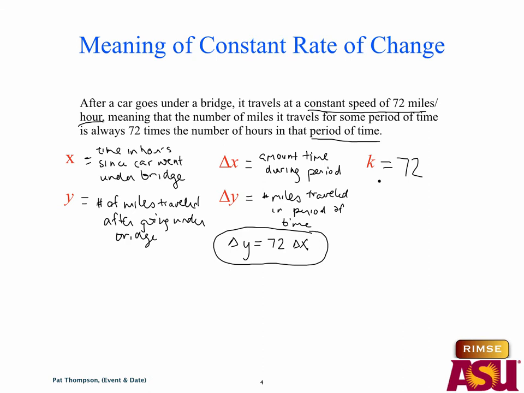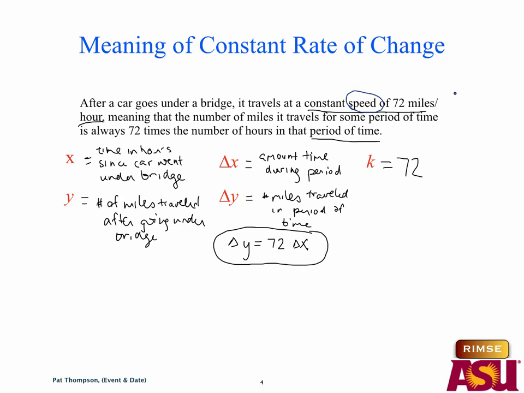Another way that we could have written that directly coming from the speed, right? So when we saw speed up here, what is our way of representing speed? Speed is a quotient, right? It's distance over time.